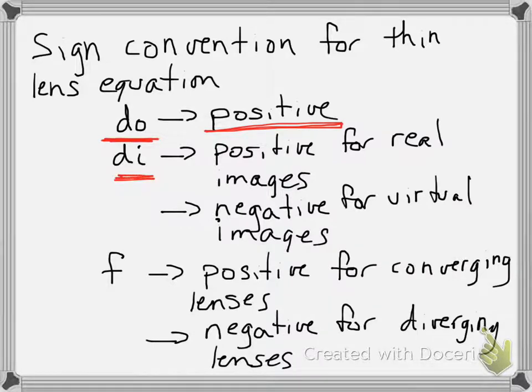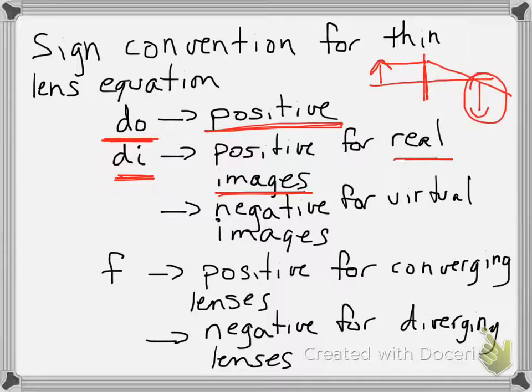If it's a real image, which means that if we had a lens here, and this is our principal axis, and this is our object, if the ray of light goes through and then forms an image over here, then this is a real image, right? It's gone through the lens, formed a real image.